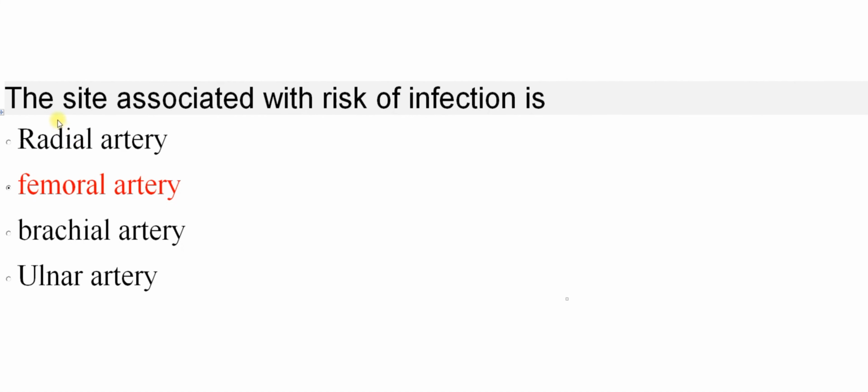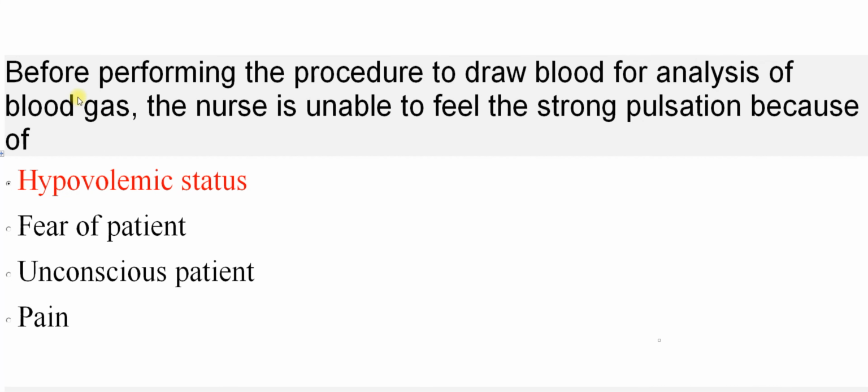The site associated with the risk of infection is, answer is femoral artery. Before performing the procedure to draw blood for analysis of blood gas, the nurse is unable to feel the strong pulsation because of, answer is hypovolemic status.